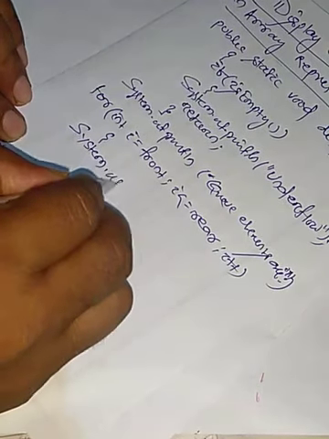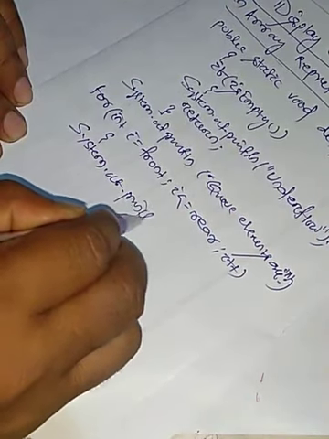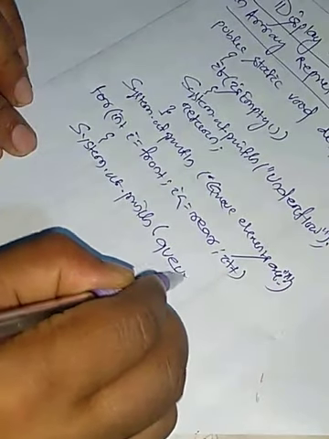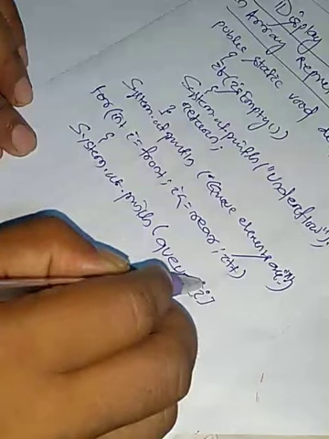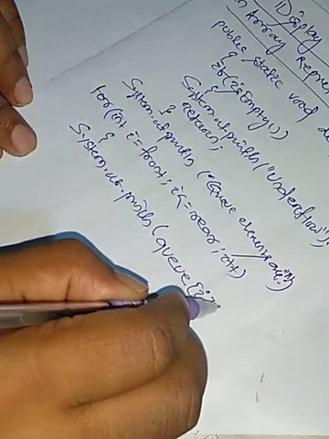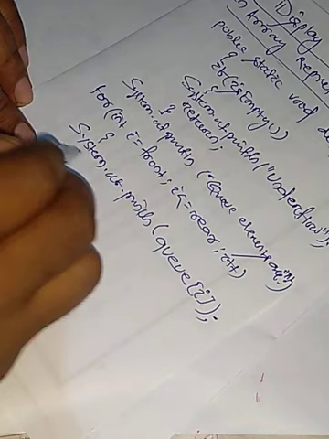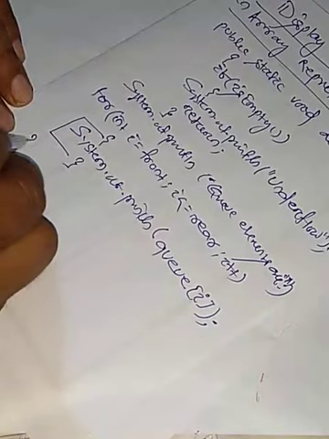System.out.println, the array name is q of i. This will print all the queue elements one after another in a new line.